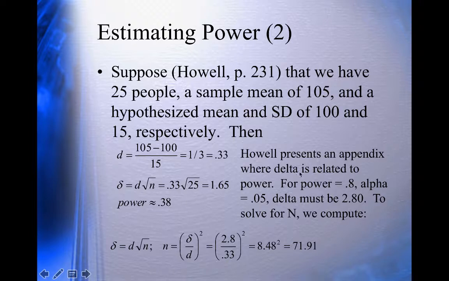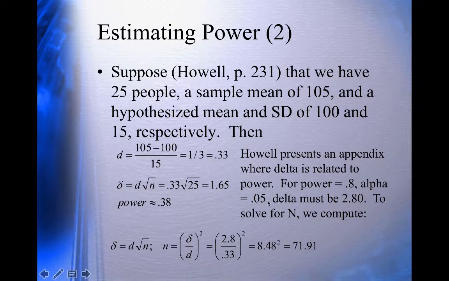And now you can go to Howell, who has an appendix where delta is related to power. If you pick power 0.8, which is the conventional power for psychological research, power 0.8 is what people typically shoot for. You know, here again, there's no magic, but it's kind of like 0.05. 0.05 is conventional for alpha, 0.8 is conventional for power.